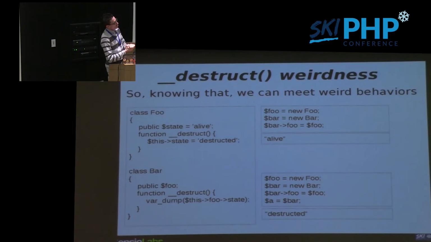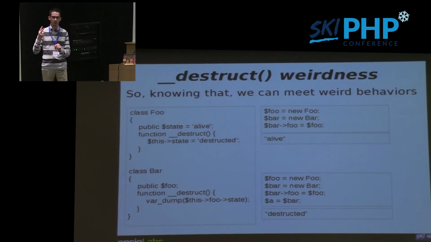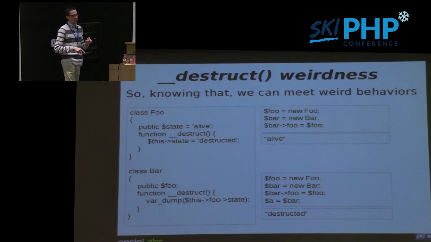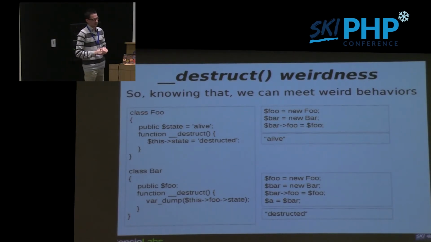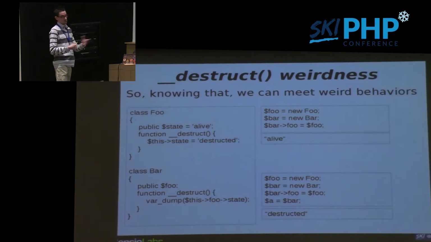And then if you change this by assigning another variable to bar, you make its ref count go to 2, so it goes in the second destruct loop, so it goes forward. So PHP is going to do some things that let you think that PHP can run destructors that it should not be able to run, but it can run them.